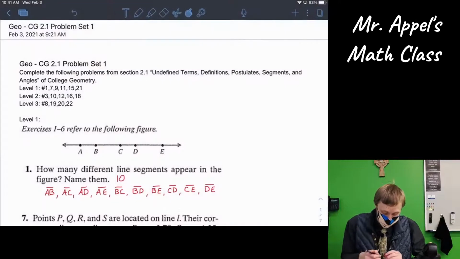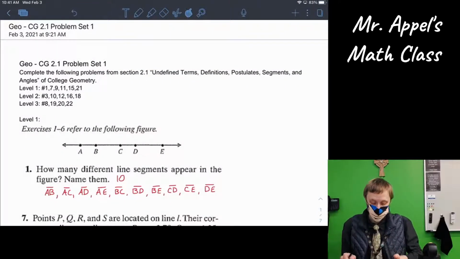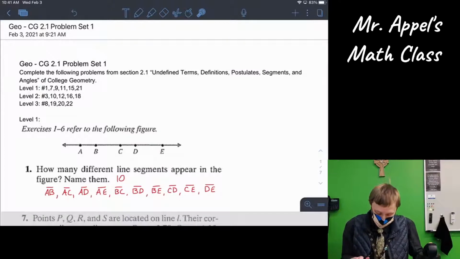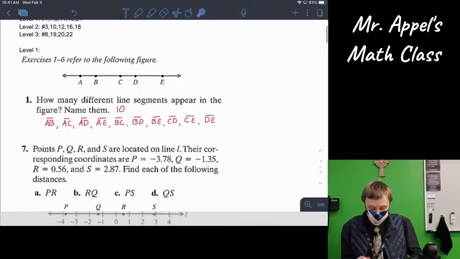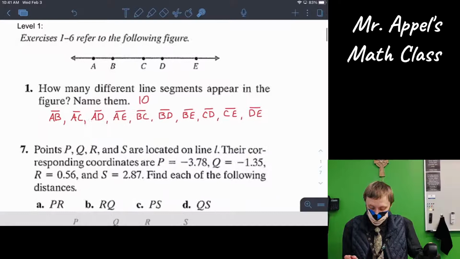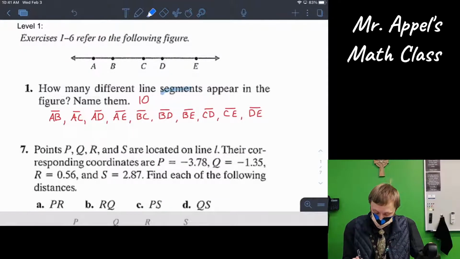So here we go. Problem set 1 started off with: how many different line segments appear in the figure? Name them all. You're looking for segments that go from endpoint to endpoint. So from A to B, right? And A to C, and we stop there. So you have 10 in total. Here are their names.